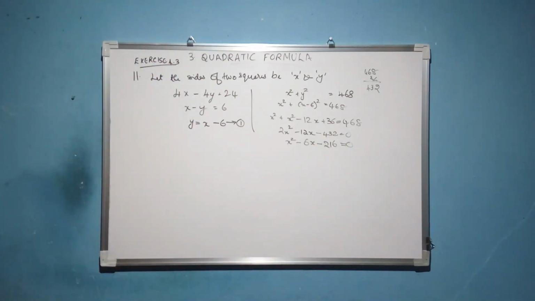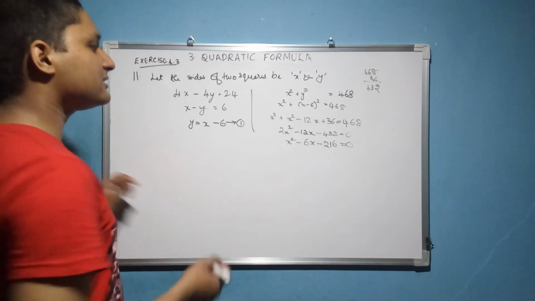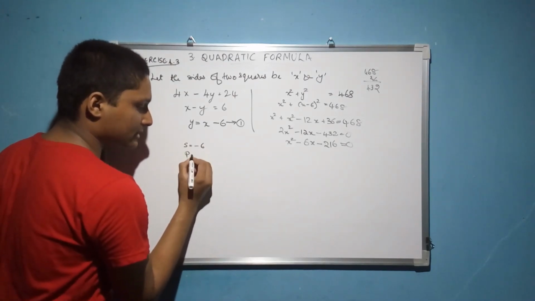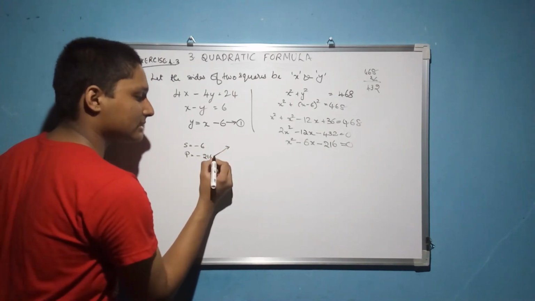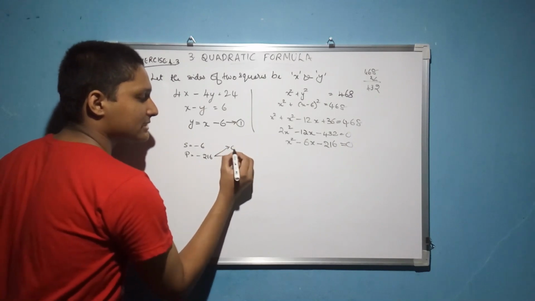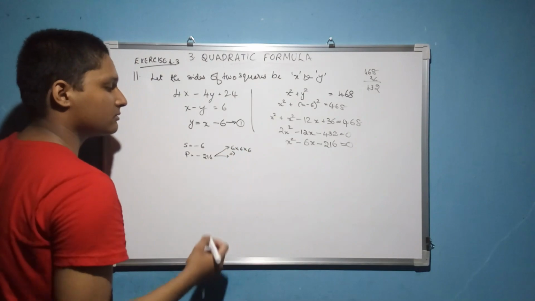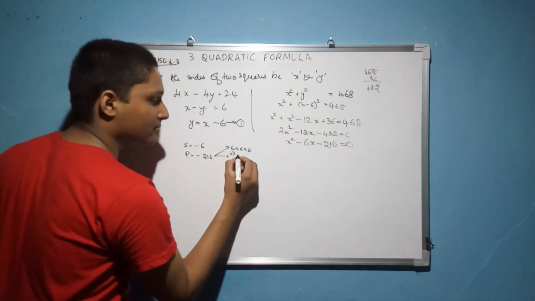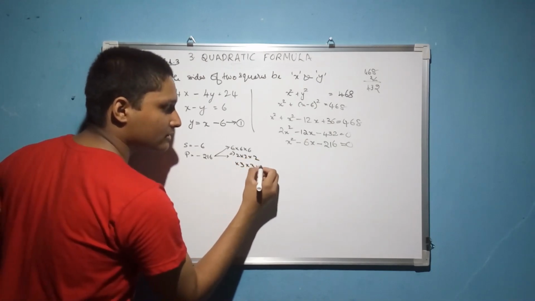This is the equation. Now in order to find the value of x, I need to use the quadratic formula or I can use the factorization method. For using the factorization method, I have sum is equal to minus 6 and product is equal to minus 216. If I do the prime factorization of 216, I get 6 into 6 into 6, or 2 into 2 into 2 into 3 into 3 into 3.